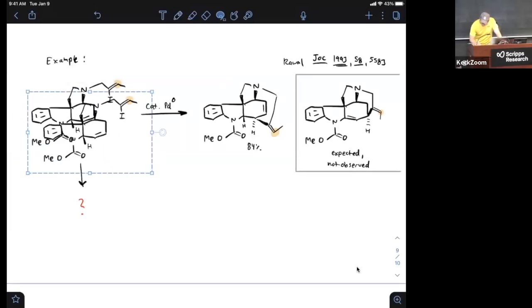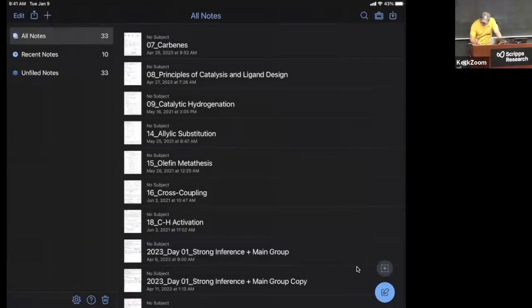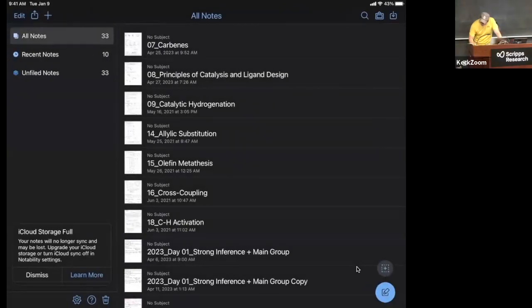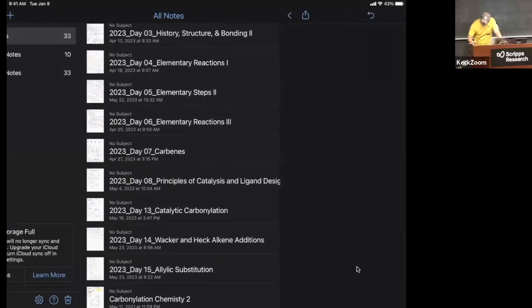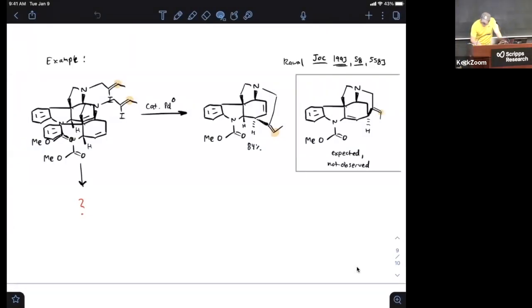So what's the first step here? Oh, what did I do? Okay, now I can't undo that copy paste.